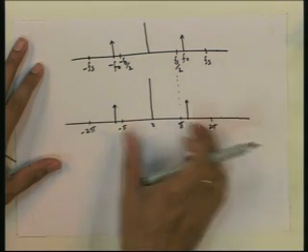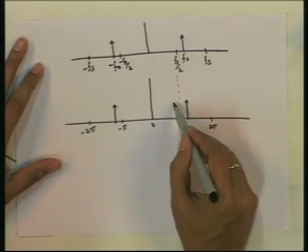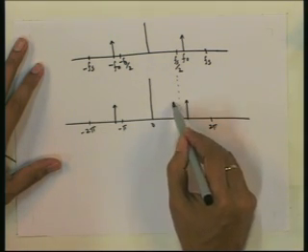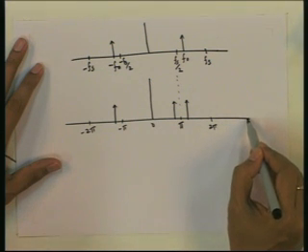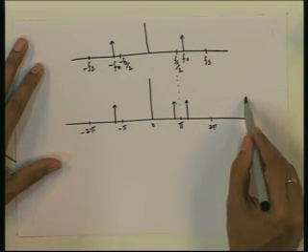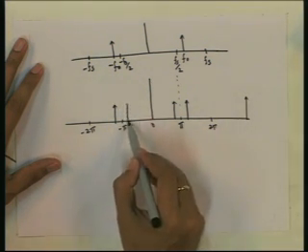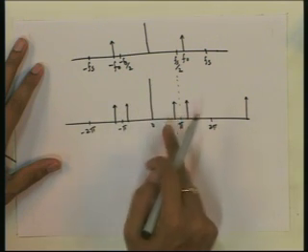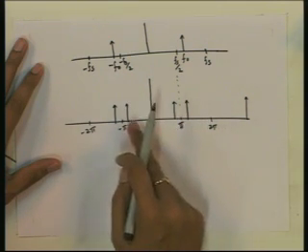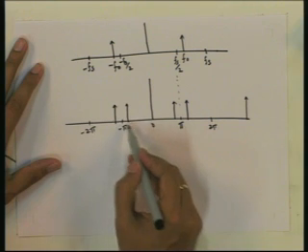So, once this is shifted to 2 pi, we get another copy of the same thing here. This will come here and this will come here.